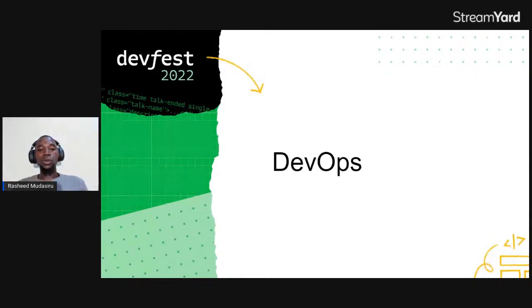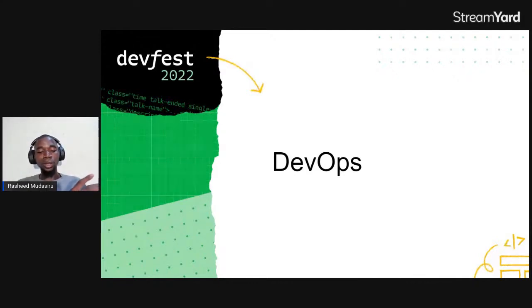In the past, every organization had a development team and an operations team, which we still have in some organizations today. The development teams worked in silos, on their own in their department. They didn't know what was going on in other departments. All they did was ship out the code.